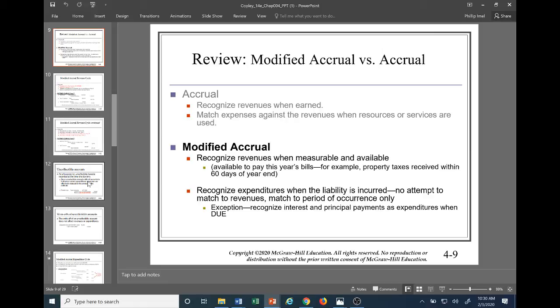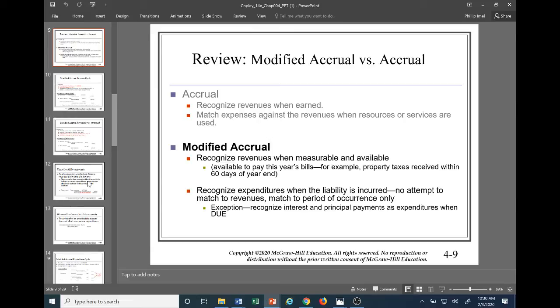We recognize expenditures when the liability is incurred. So there's no attempt to match revenues, to match period of occurrence only. So we don't try to match expenses with revenues like we do on the accrual basis. The only exception to this is when we recognize interest and principal payments as expenditures when due.